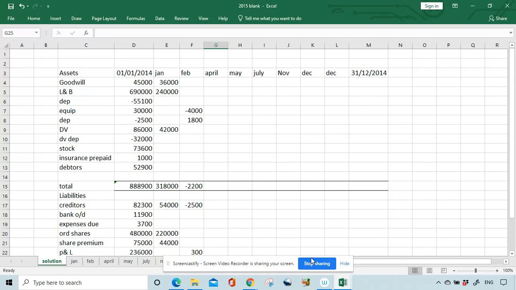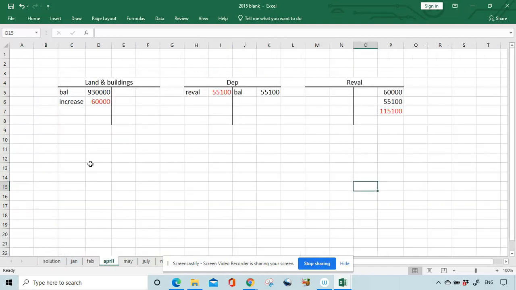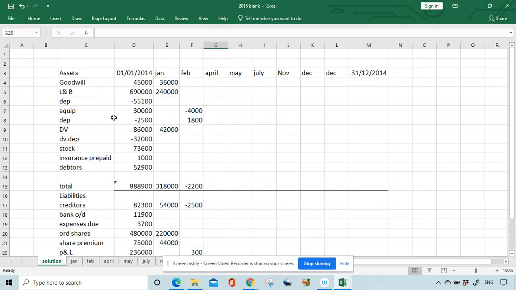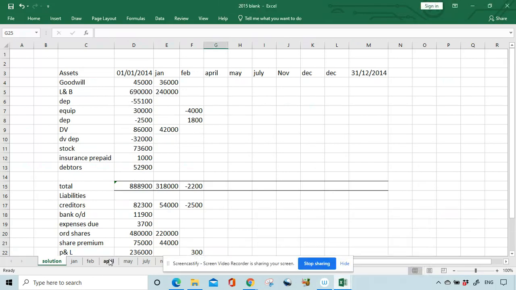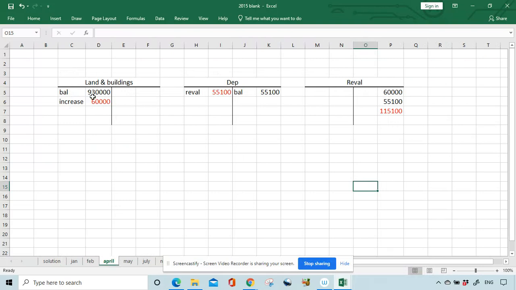So if I go to my notes, the balance of land and buildings is 930. That comes from, if you look at our solution, 690 plus 240 because we bought extra in January. So it's 930. And the depreciation is 55,100. So we have an opening balance of land and buildings 930 and opening balance on depreciation 55,100.